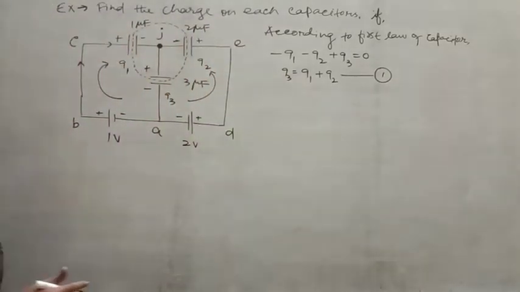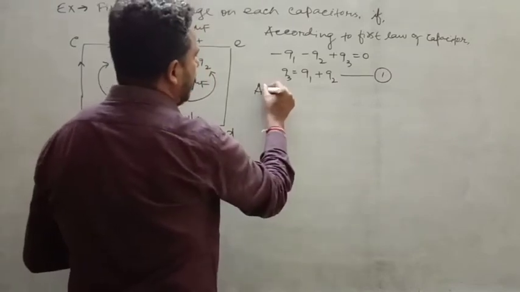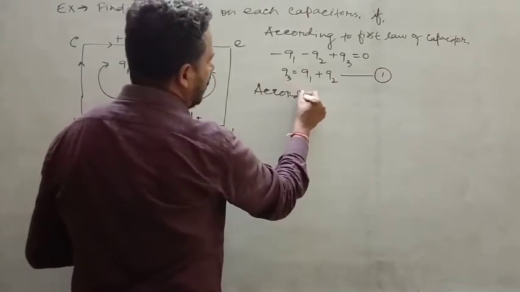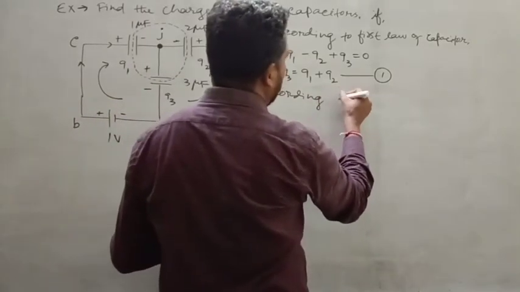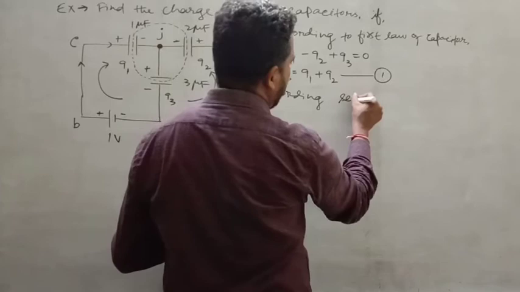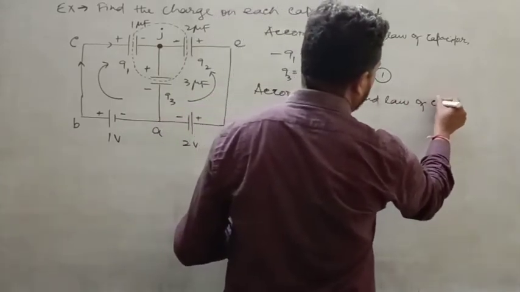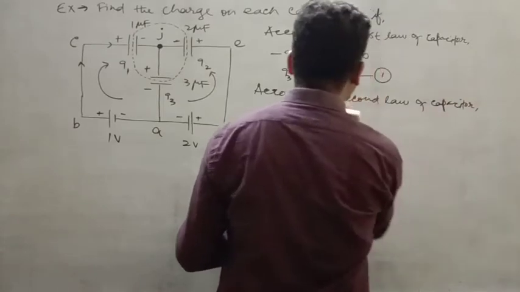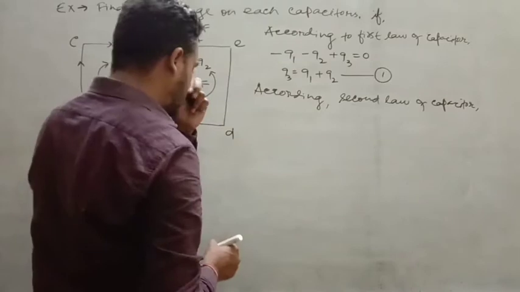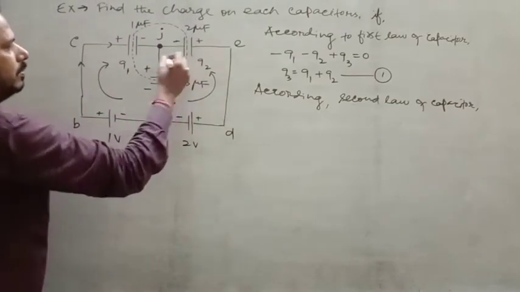Now also use the second law of capacitor. You have to apply the second law in this loop and in this loop, because there are two loops.